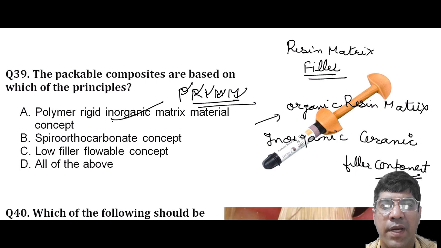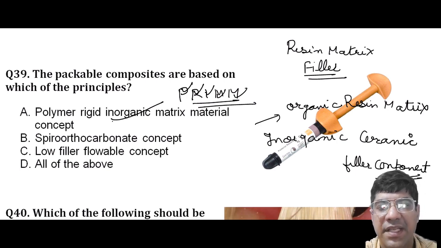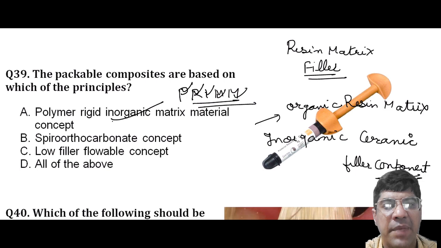Now the filler component mainly consists of materials like aluminum oxide and glass particles such as barium aluminum silicate. Here the resin is incorporated into a fibrous ceramic filler network, which means the resin is distributed within the fibrous structure of the ceramic filler.